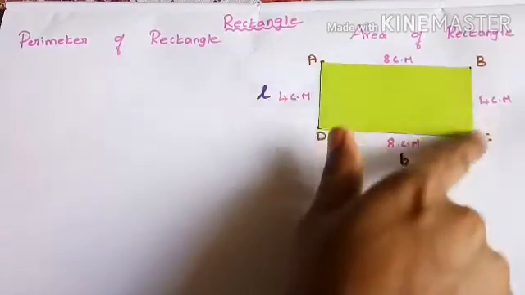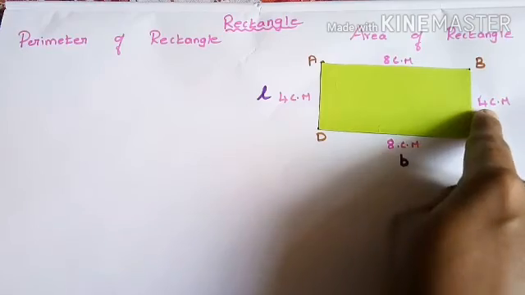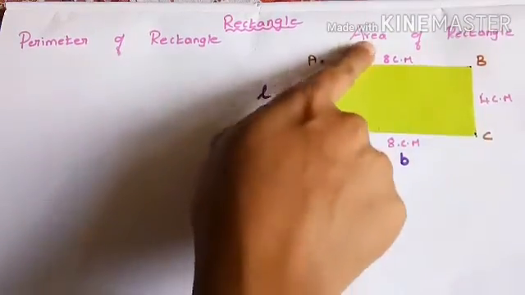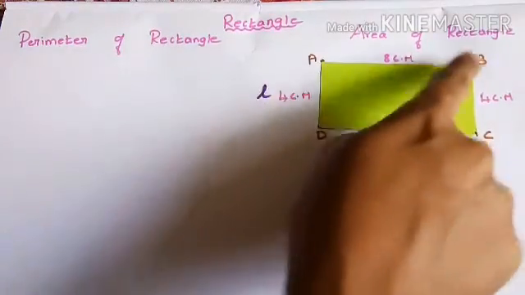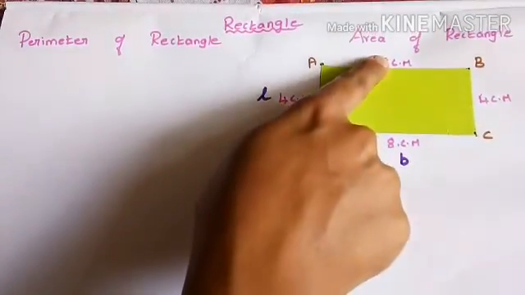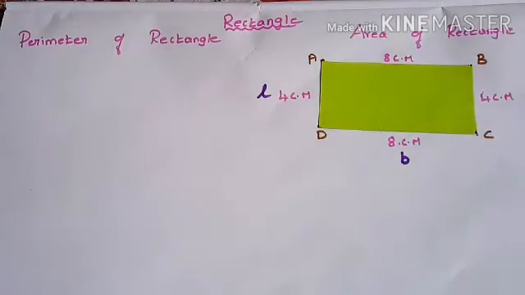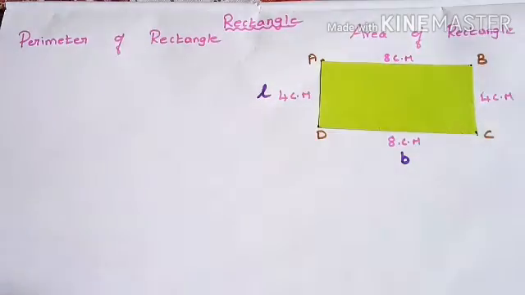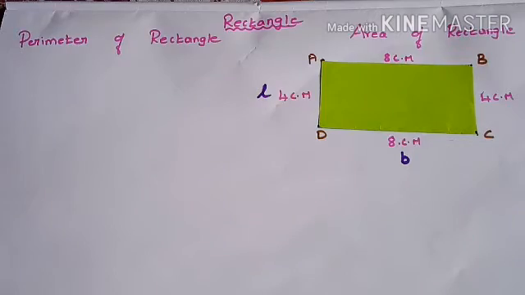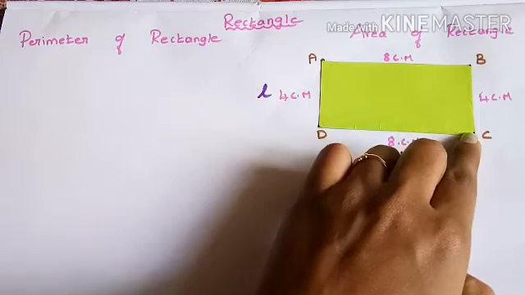AD and BC is the opposite sides. Opposite sides are equal, 4 centimeter and 4 centimeter. This is the opposite side, AB and DC. This is the opposite side because 8 centimeter and 8 centimeter. So this is a perfect rectangle. Rectangle opposite sides are equal. This part is length and this is breadth.